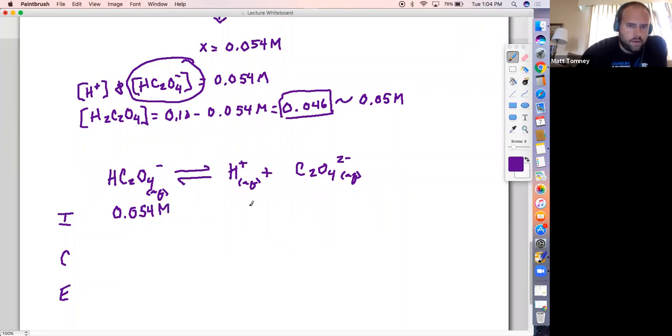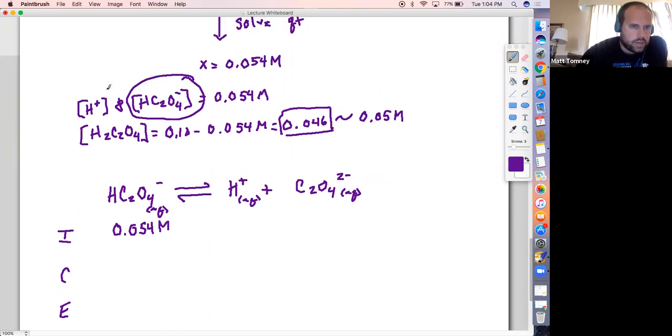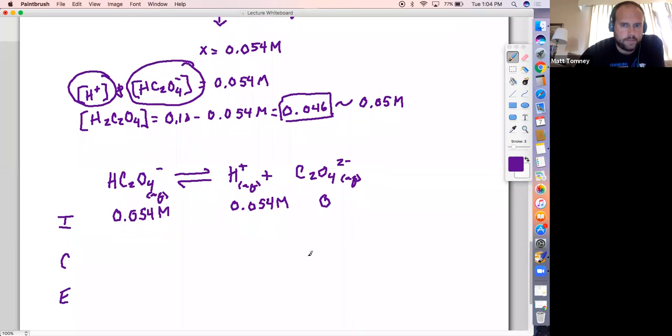Now, here I cannot put 0 as well because I know that at this point in the equilibrium, due to Ka1, I found a concentration for H+. So the concentration for H+ is 0.054 molarity per the answer above. Now this is 0 because I have not gone through and solved for the actual base yet.